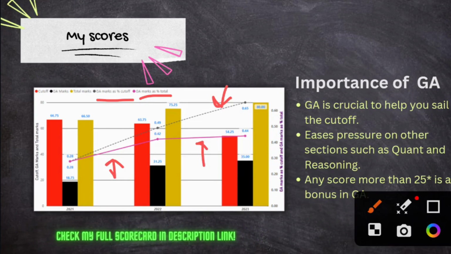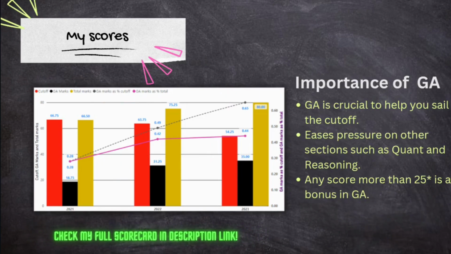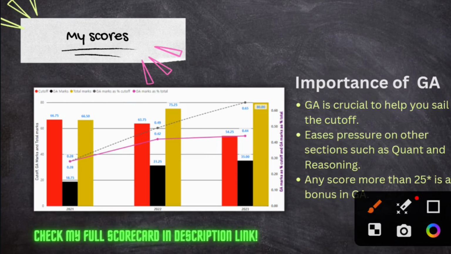Now what I wanted to show in this graph is something which I observed over my 3 attempts.